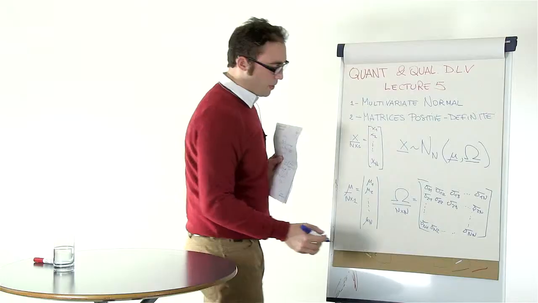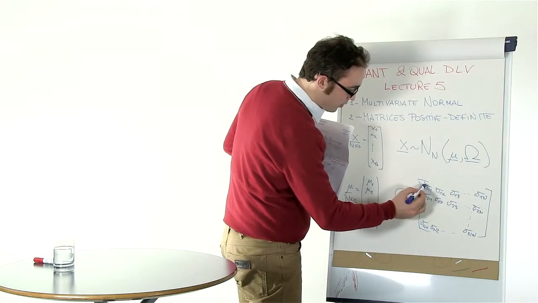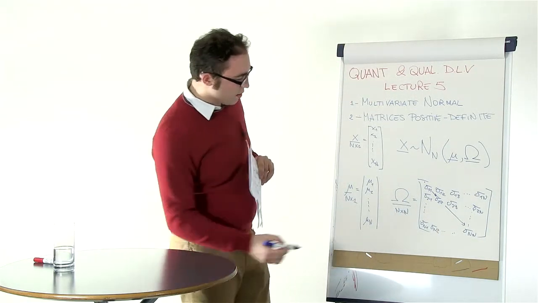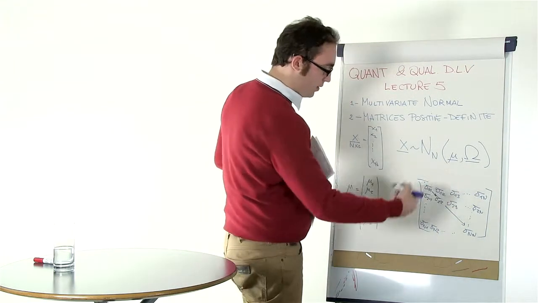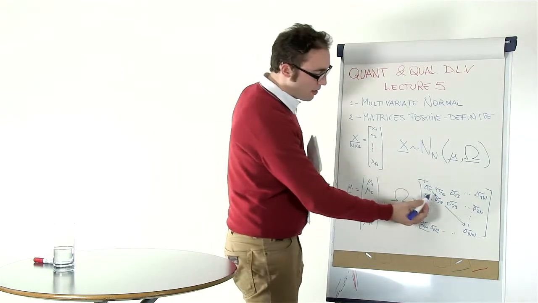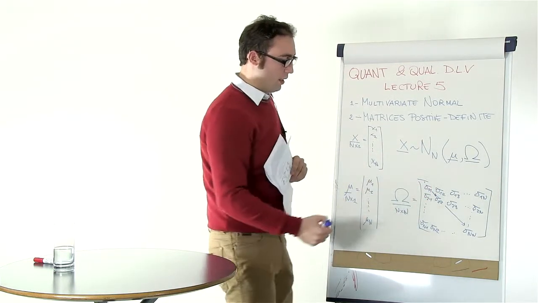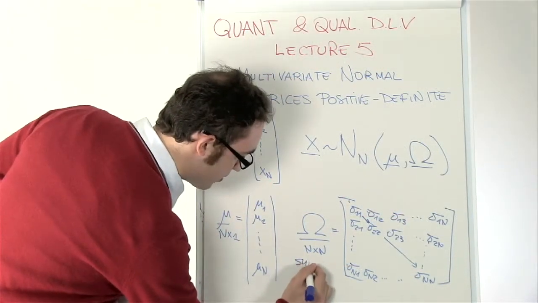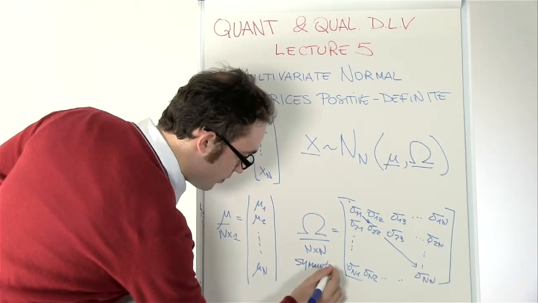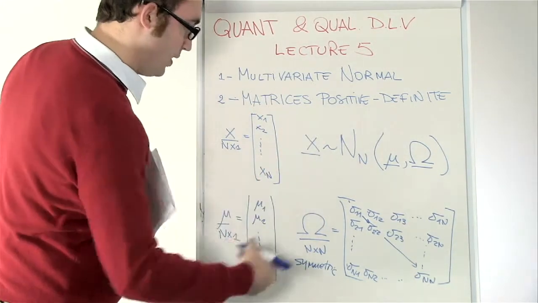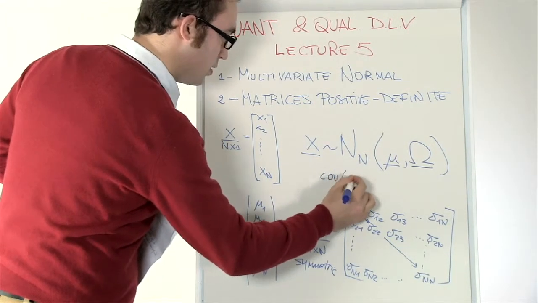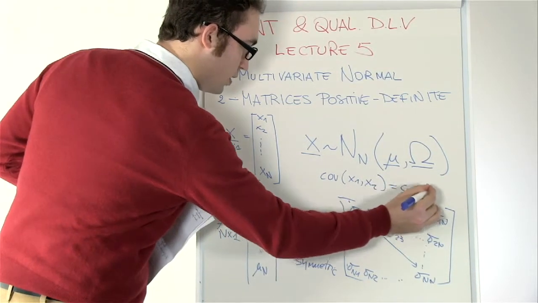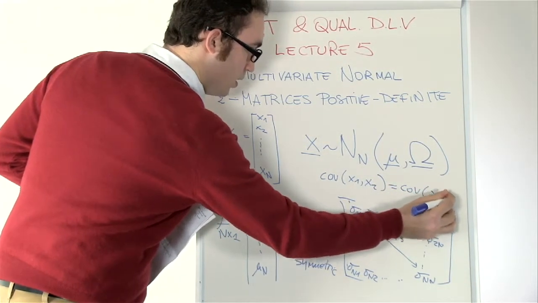I want to remember that in this diagonal there are all the variances of the variables, and all the extra elements refer to the covariances, and this is also a symmetric matrix, because we know that the covariance of x1, x2 is equal to the covariance of x2, x1.